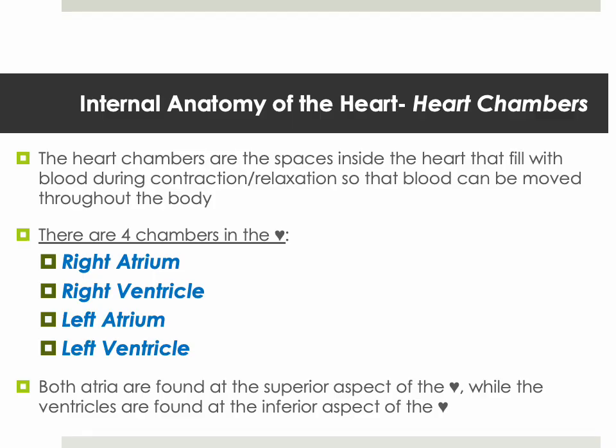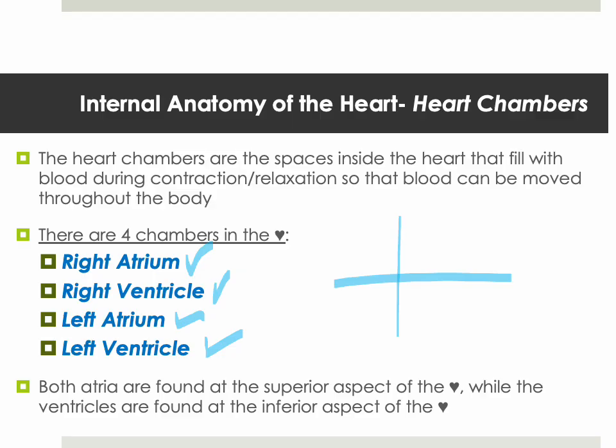Perfect. So now we have been talking about atrium and ventricle and so on. So now we're gonna go a little bit more into depth. So think about the heart as 4 chambers, right? So we have a right atrium and a right ventricle, then a left atrium and a left ventricle, okay?